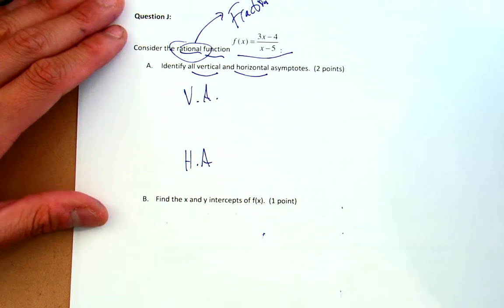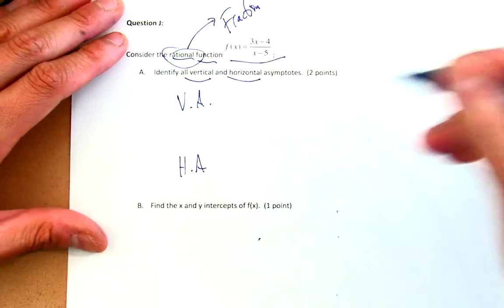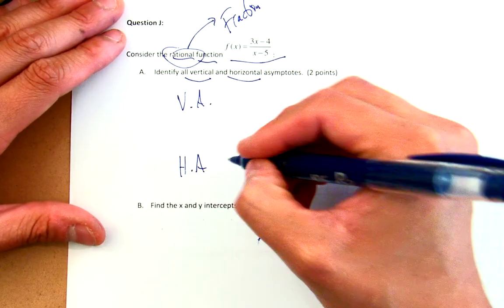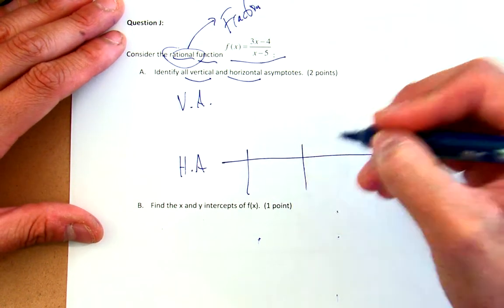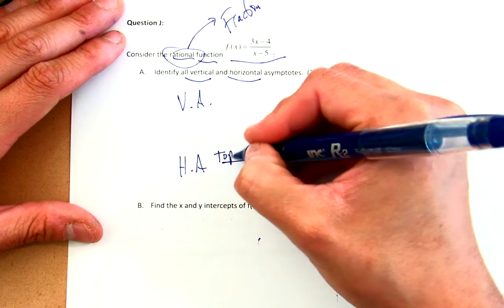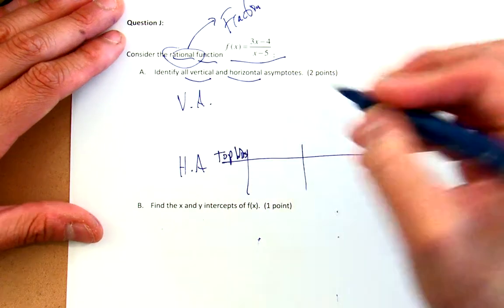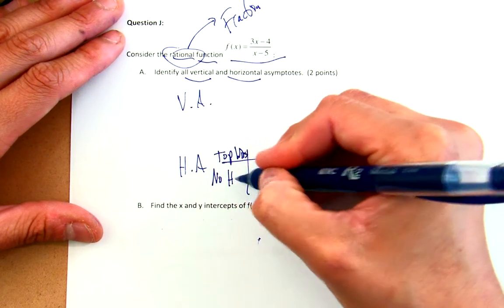Right. So for the horizontal asymptote, there are three rules. We have to look at the powers of the top and the bottom, okay? And there are three cases here. If the top wins, there is no HA.